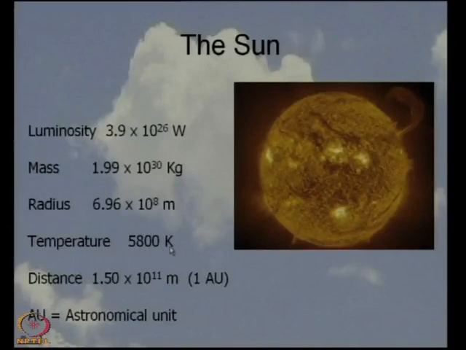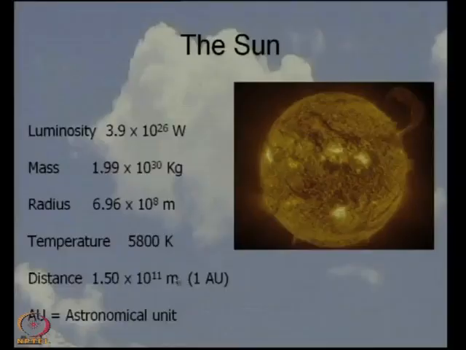So it is extremely hot, and the distance from the earth to the sun, the average distance, again this is an important number. It is 1.50 into 10 to the power 11 meters. Okay. And it is common practice when discussing the solar system, planets, etc., to use this unit.